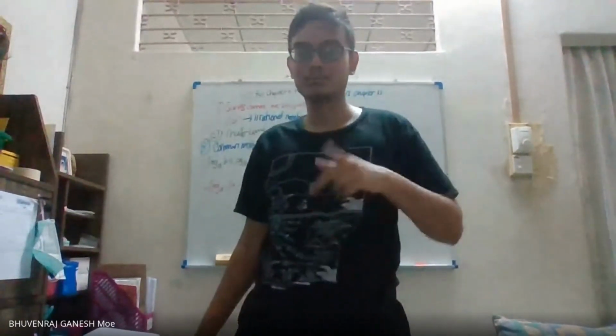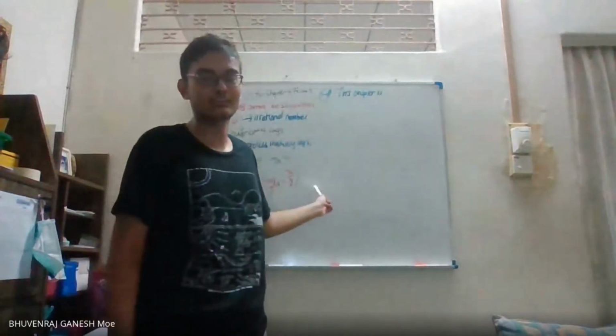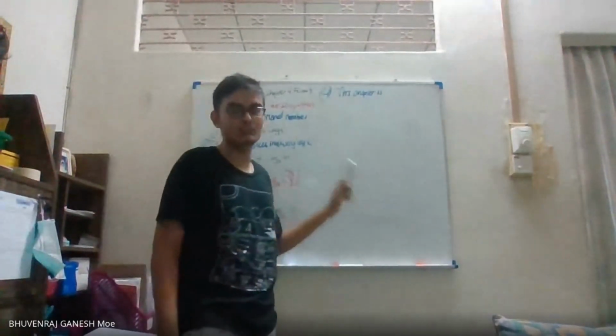So in linear law, like how you draw the graph, all that is very technical, right? Linear law is in the paper too. That's why you need this chapter to master linear law.